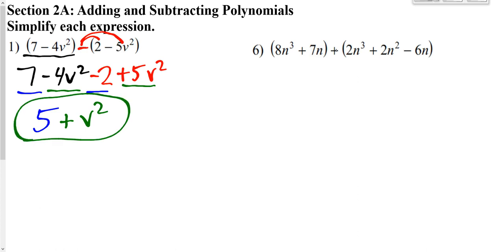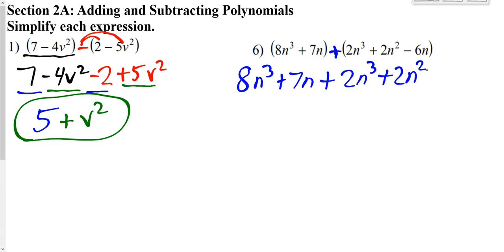Over here on the right, because we have an addition sign, the order in which you add doesn't make a difference. We don't really need any of the parentheses, so I'm going to just go ahead and write it without the parentheses. And then all we have to do is consider like terms. Now, like terms need to have the same variables with the same exponents. 8 of the n cubes plus 2 more of the n cubes is 10 of the n cubes.